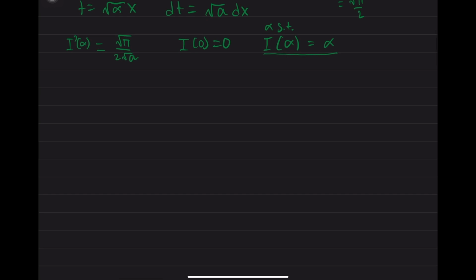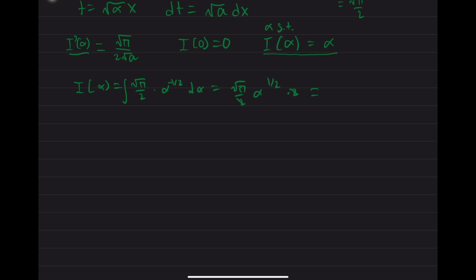Okay, so now let's proceed, and let's integrate I prime of alpha. So we'll get the square root of pi over 2 times alpha to the negative 1 over 2 d alpha. So this is alpha to the 1 over 2 divided by 1 over 2, so we have square root of pi over 2 alpha to the 1 over 2 times 2.